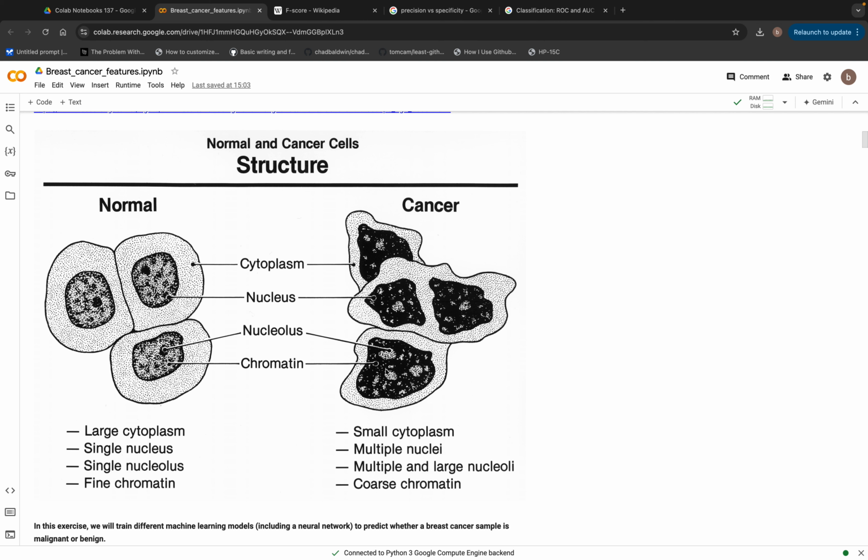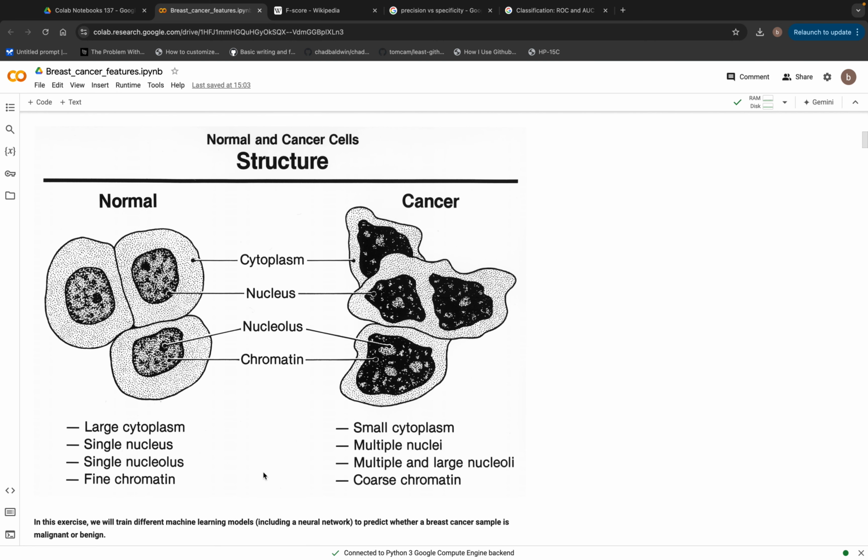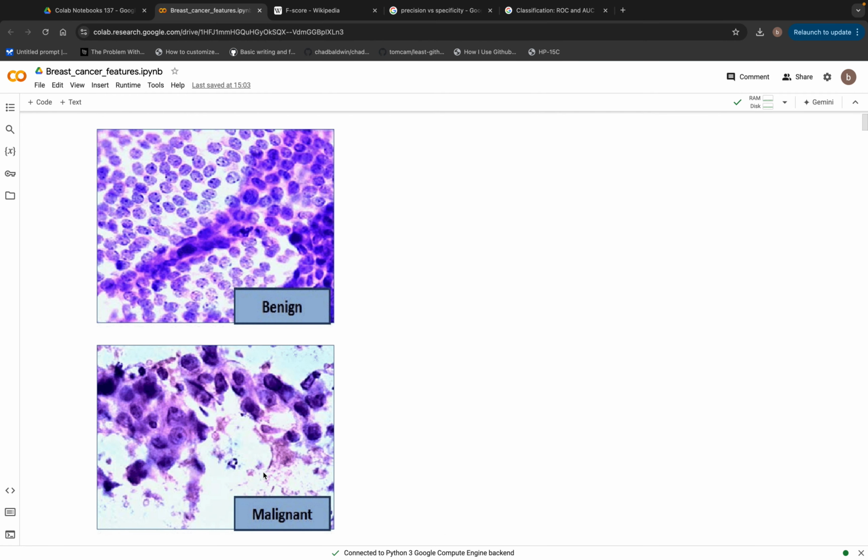Whereas cancerous, we're thinking, is going to be coarse chromatin, multiple and large nucleoli, and also could be multiple nuclei. And as you can see, you're bumping up with less cytoplasm. Those are the features that a pathologist would use to decide which of these slides are malignant or benign.